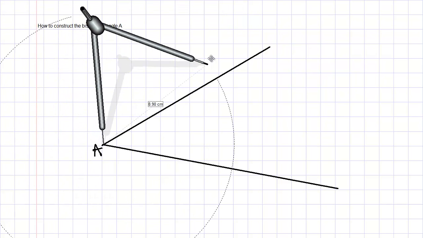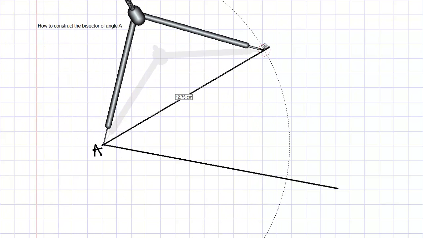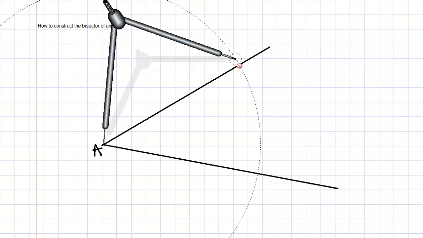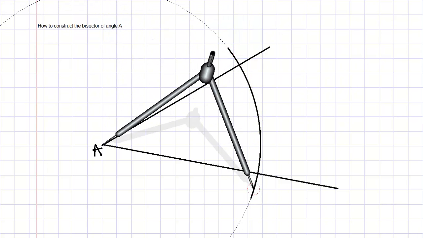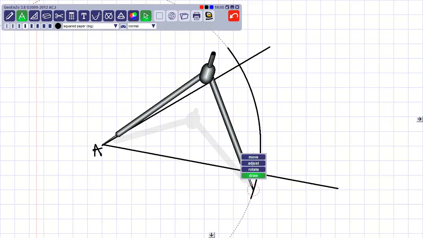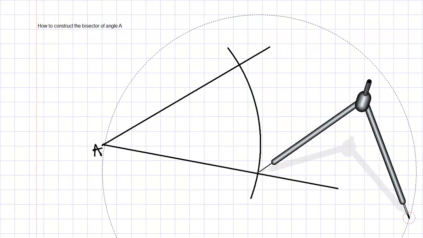Then I adjust it, and something like that doesn't really matter. So a good distance is good. Don't make it too close, so it becomes inaccurate. Now draw like that. Then I can move it again to one of these intersection points.